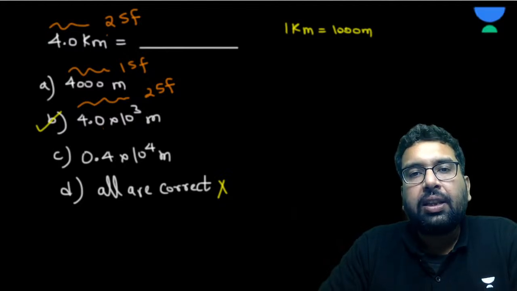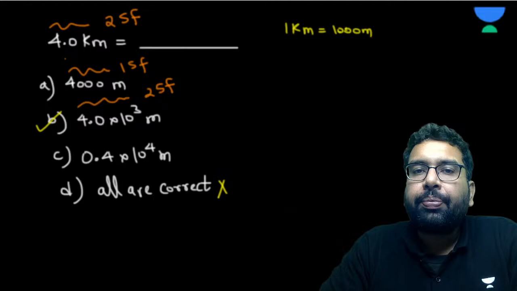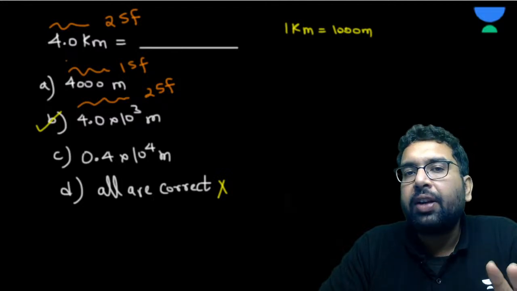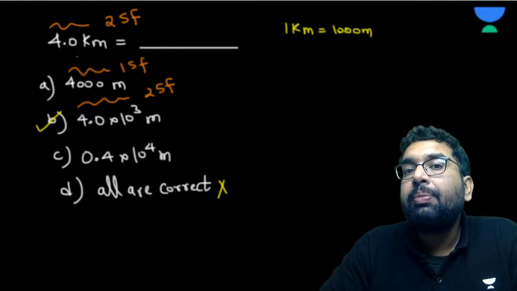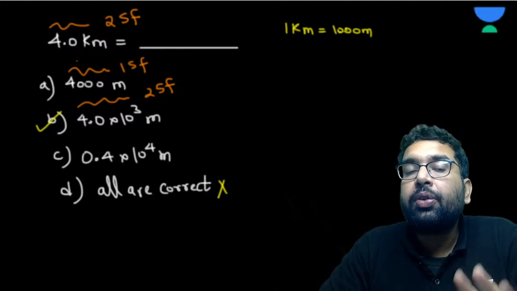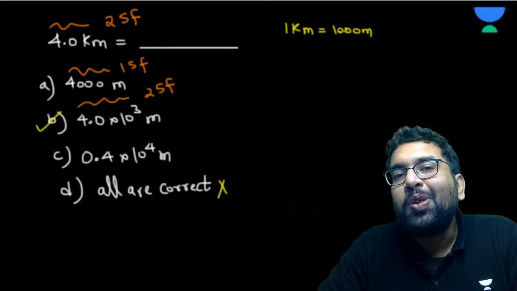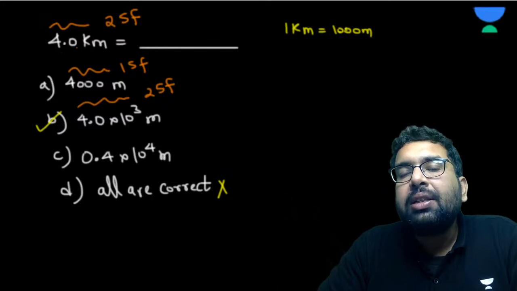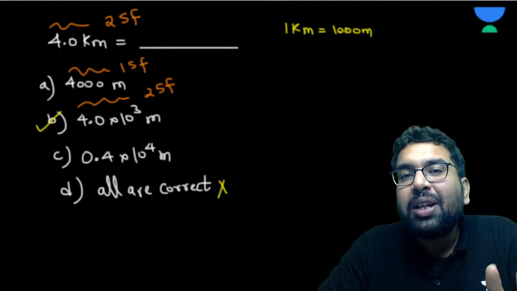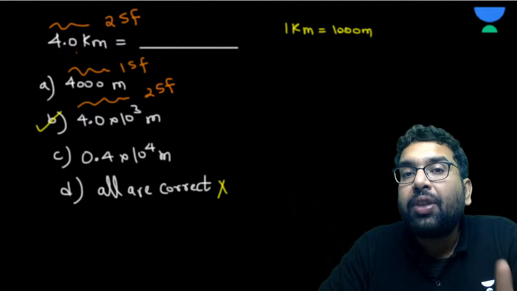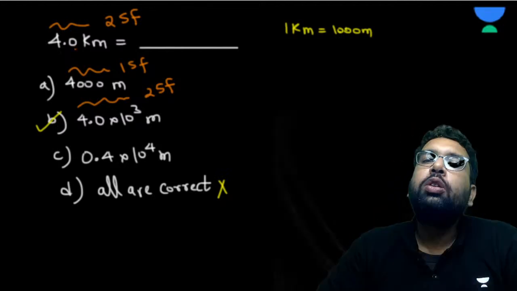See the first one, 4.0 kilometer: any non-zero digit is a significant figure, and if the zero appears after the decimal, that is also significant. So 4 is non-zero, and after the decimal the zero is an ending zero. Ending zeros are significant when they appear after the decimal, so this zero is also significant.